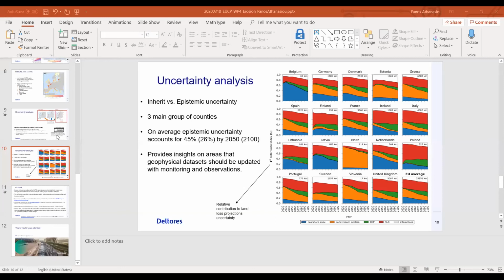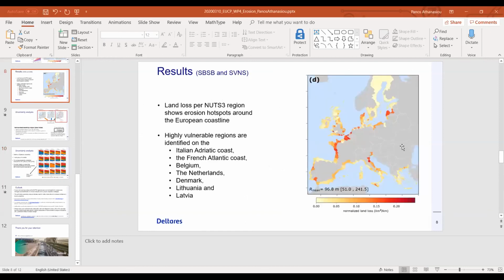I'm not saying you should not look at this other sea level rise data set. That's not what I'm saying, but. Yeah, if I understand correctly your comment, right now we're starting with the European assessment, but since we actually do the analysis at the regional level, we perform this uncertainty analysis at this level that I showed here, the NUTS 3 regional level.